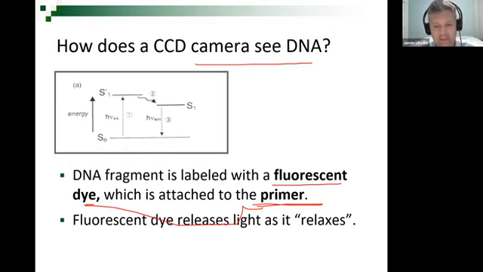It's an easy way to see the amplified DNA. Actually only one of the two primers is labeled with a dye, but we won't focus on that in class. Just know that the primers are labeled with a fluorescent dye. Okay, how does fluorescence work?